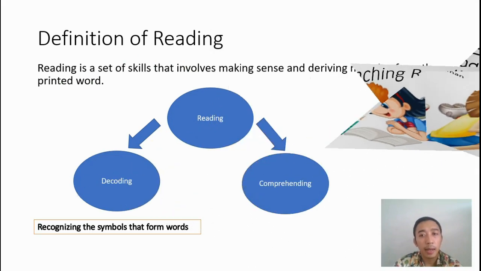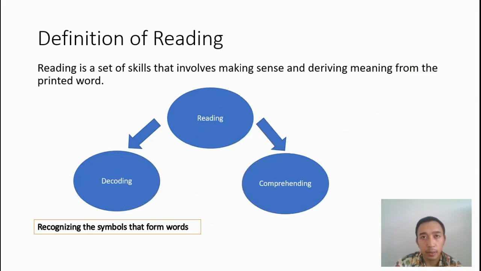First of all, let's begin with the definition of reading. As your friend says, reading is a set of skills that involves making sense and deriving meaning from the printed word. Although there are also other definitions of reading related to the ability of someone to read or to comprehend a text, basically the meaning of the definition is the same.